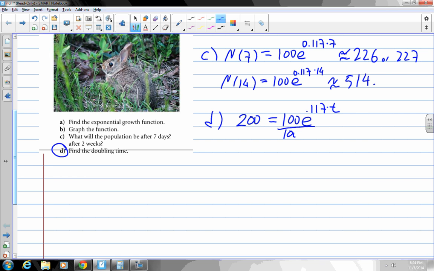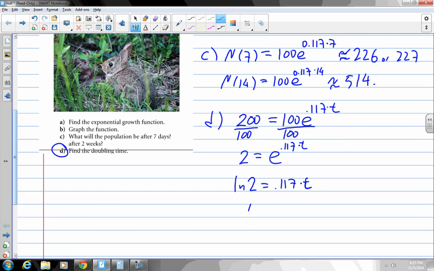Because every time you divide by the initial amount, one side of the equation will always be 2, and the other side is just e to the power rate times time. So again, that's irrelevant of the initial population. In order to solve this, we'll take natural log of both sides. The other side just leaves you with the power.